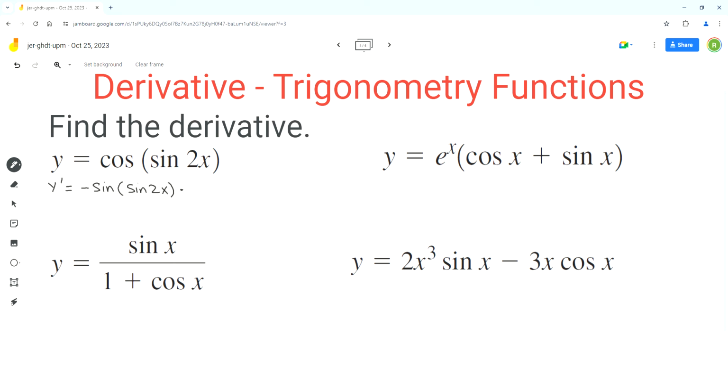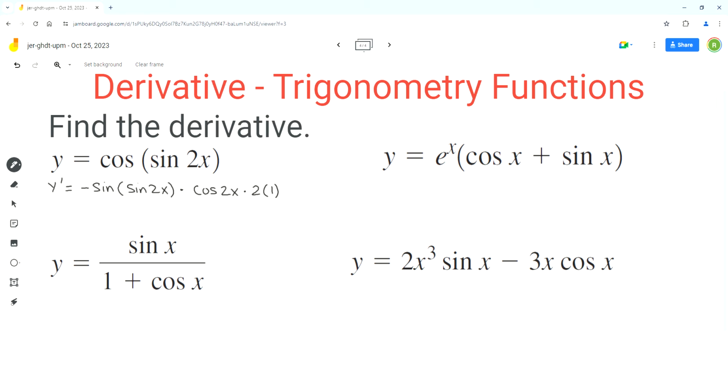So we'll have to use chain rule for the derivative of sine 2x. We'll start with the derivative of the outer function, which is sine, and the derivative of sine is cos, times the derivative of the inner function, which is 2x, and the derivative of 2x is just 2 times 1. In 2x, 2 is the coefficient of the term, so it will stay as it is, and the derivative of x is 1.